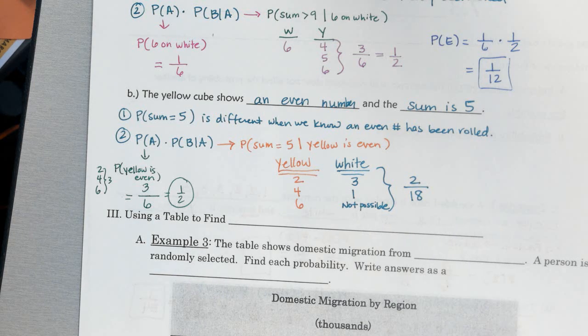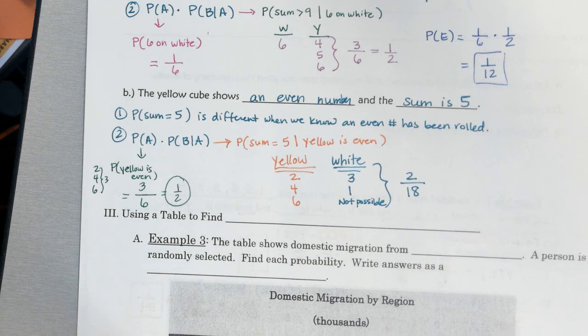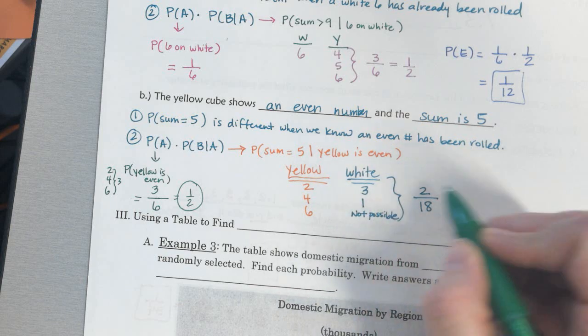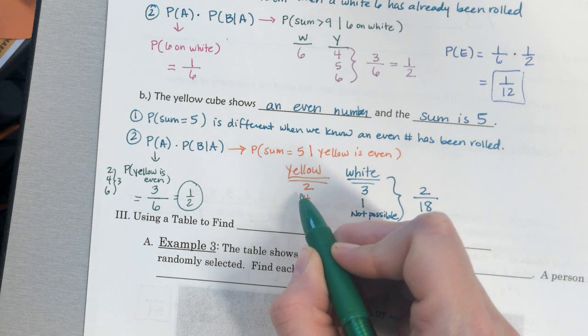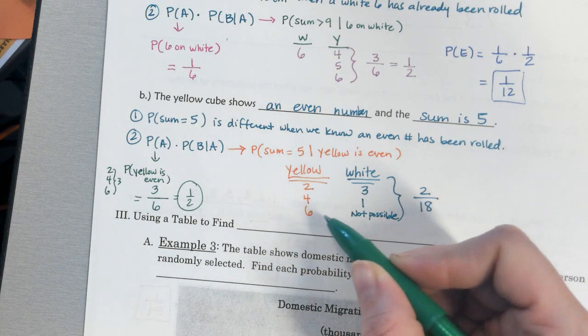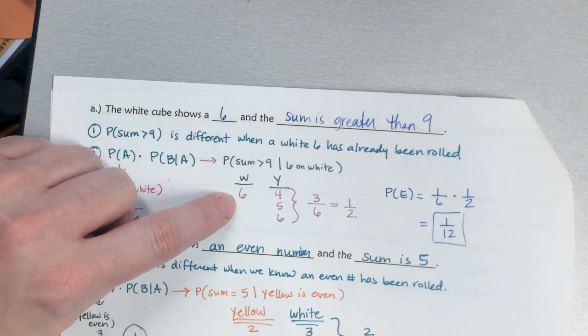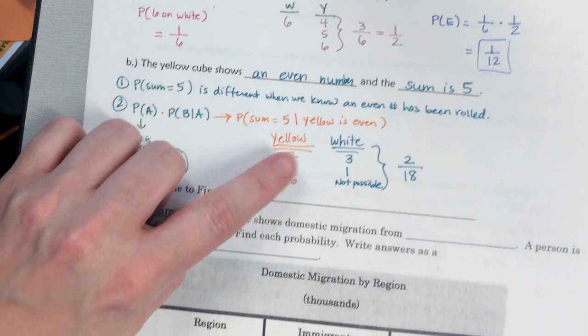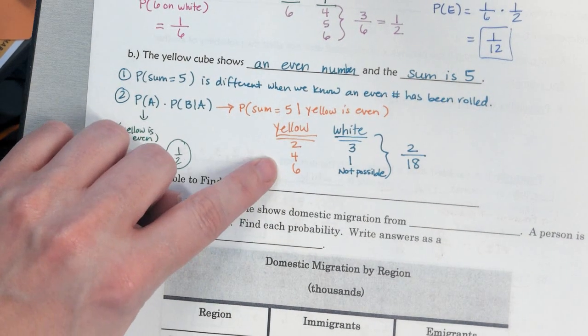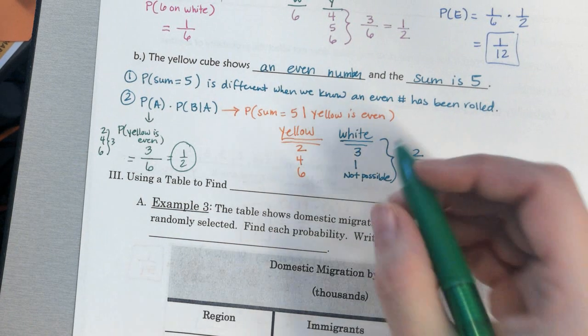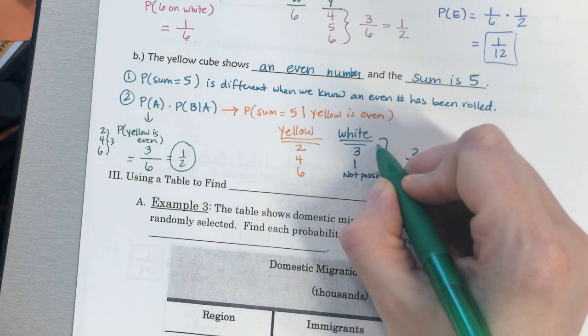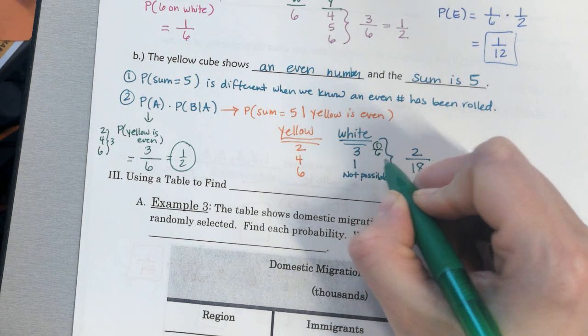So again, where this comes from is when you are rolling, each one of these has a chance out of 6. This one only had one chance, right? White was only one roll, okay? This has 3 different rolls, okay? So this is 1 choice out of 6 that happens.